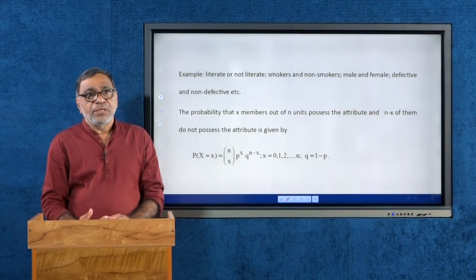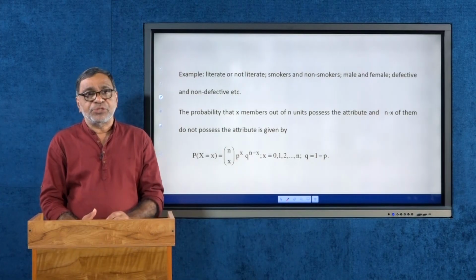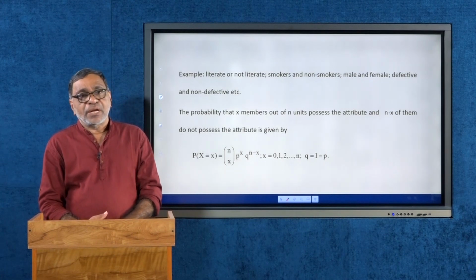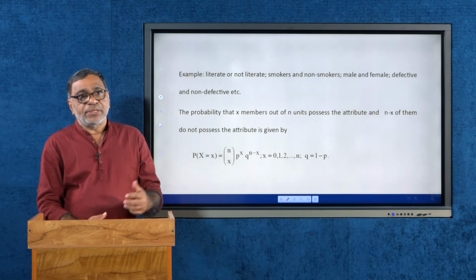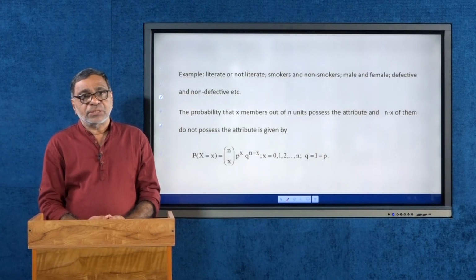Suppose the number of literates is our success; the probability function is P(X = x) = nCx p^x q^(n-x), x = 0, 1, 2, up to n, and q = 1 - p.